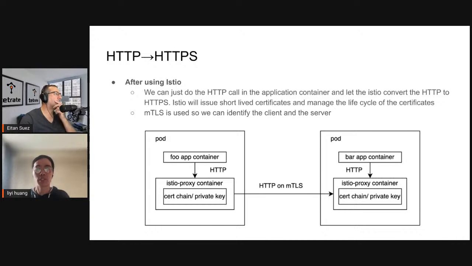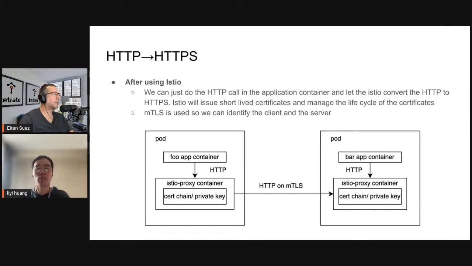And from that perspective, Istio is going to manage all your certs. And because Istio can plug into your PKI system, from the application developer perspective, they don't have to worry about this anymore. The short-lived certs and the rotation of the certs are done in the Istio proxy container.